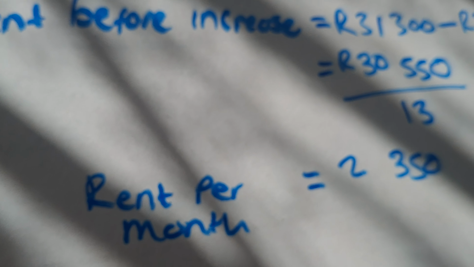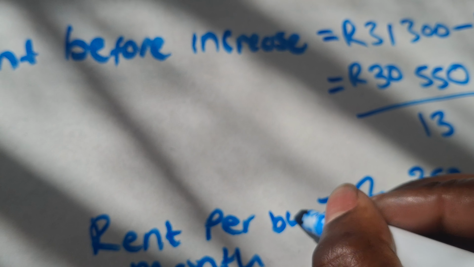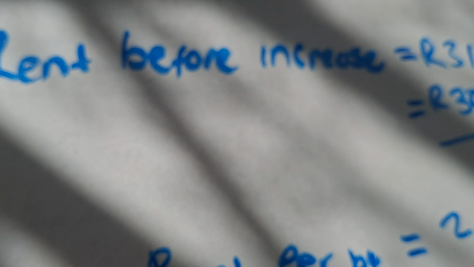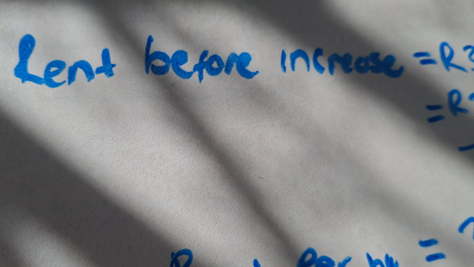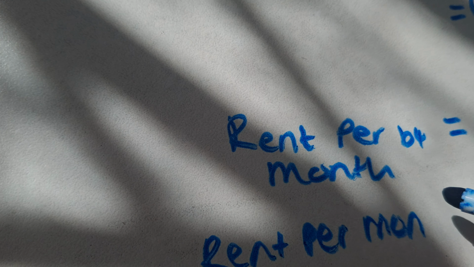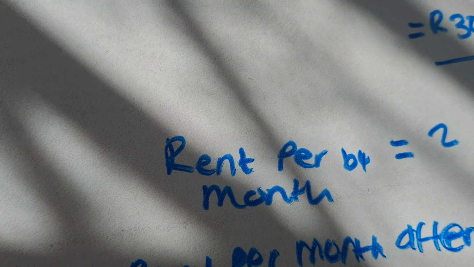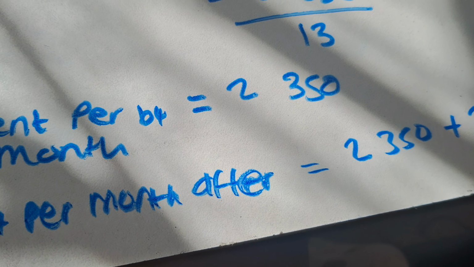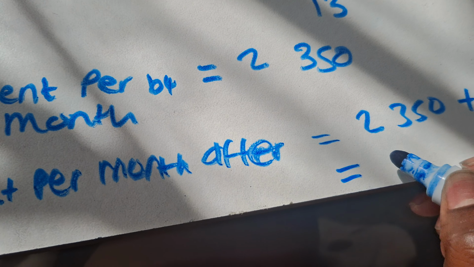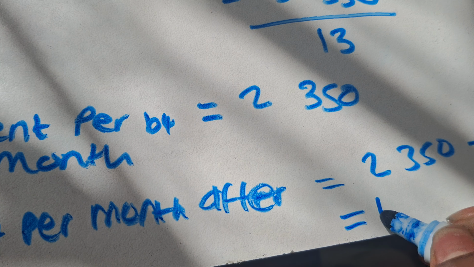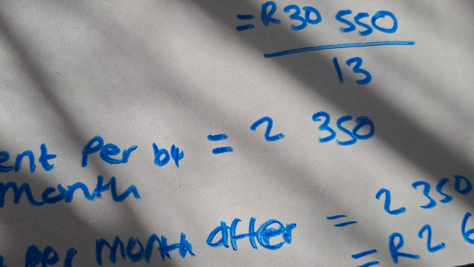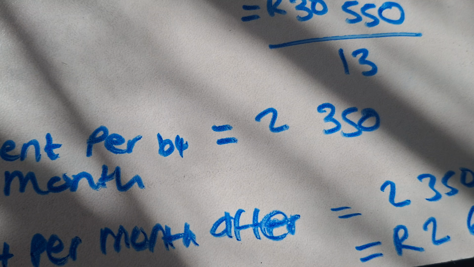So rent per month after increase will be the 2,350 plus the 250 increase, which gives us an amount of 2,600.